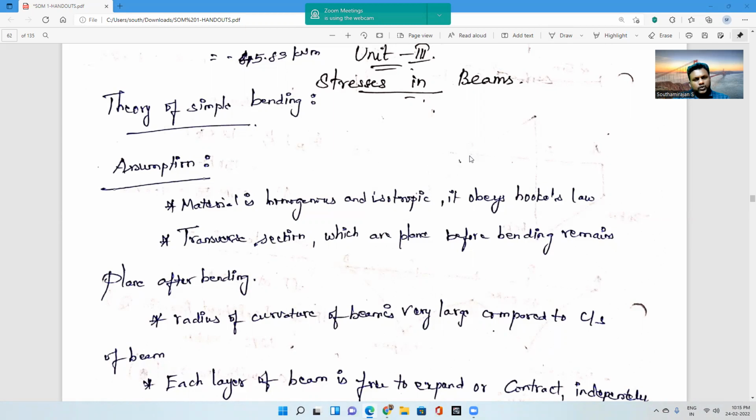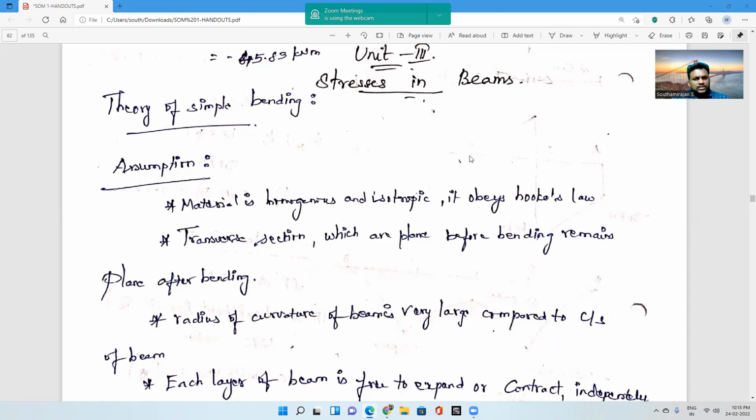It is irrespective of the shape. The shape may be rectangular, circular, square, I section or T section, whatever the cross section is, the bending stress variation will always remain in a uniformly varying triangular shape.